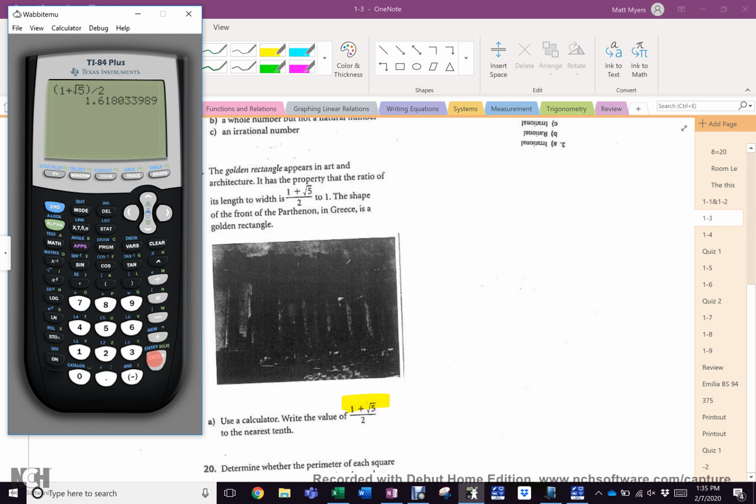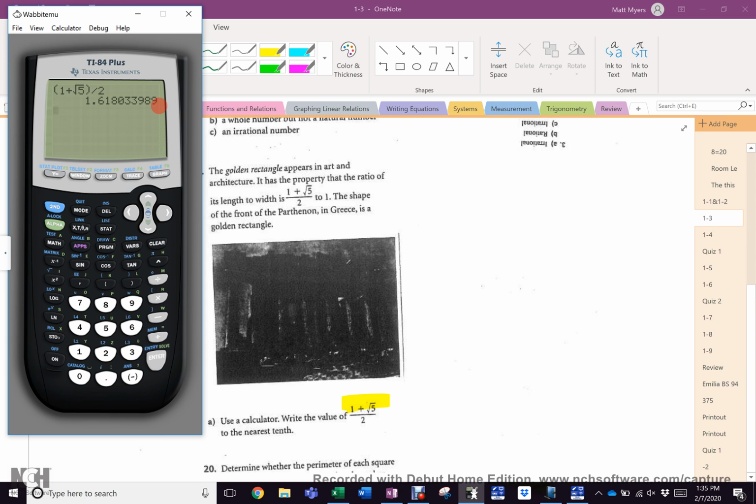Now, I said I wanted it to the nearest tenth. It is so appalling to me how badly you people round things off. You're bad at it. This answer is easy because it rounds down. What is this answer to the nearest tenth? 1.6.